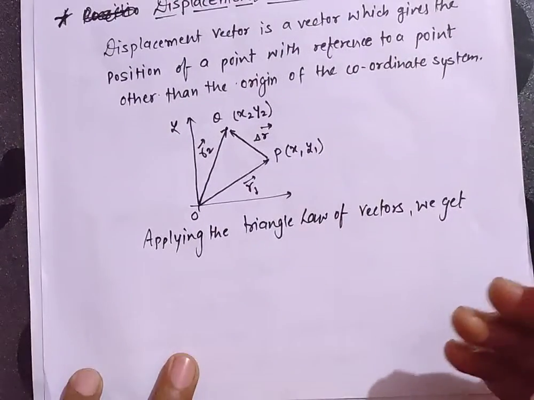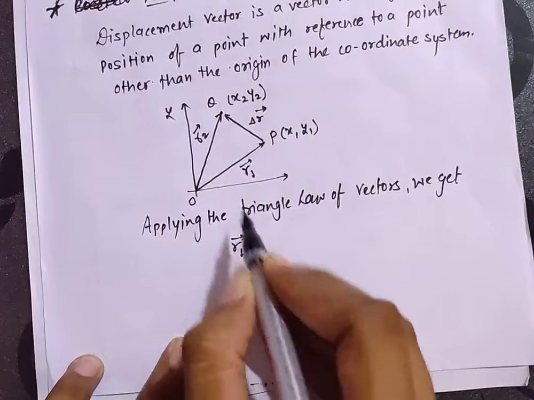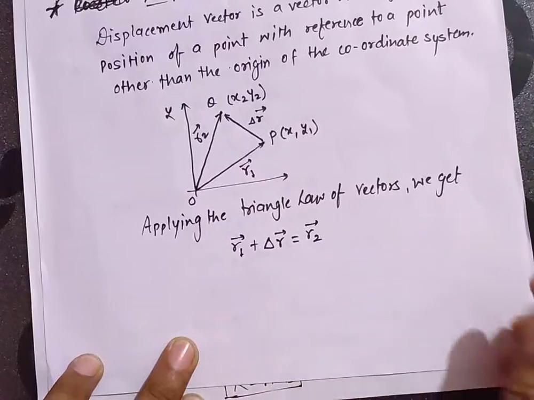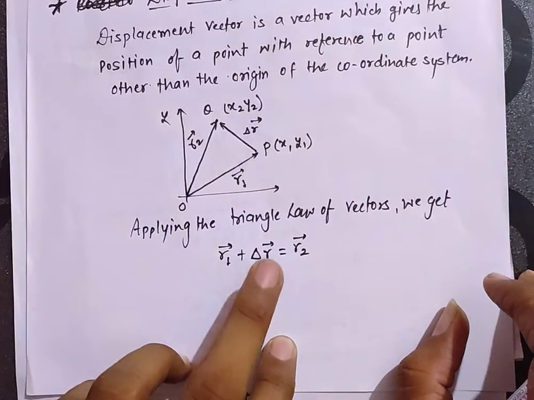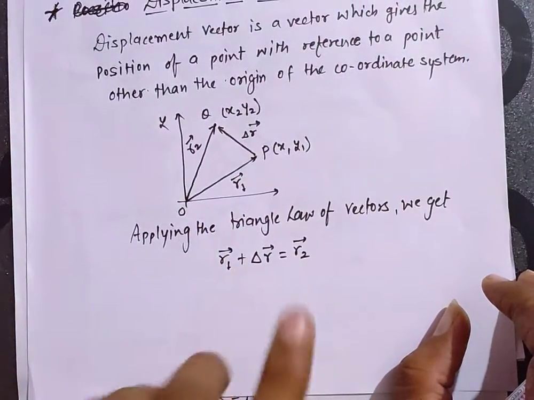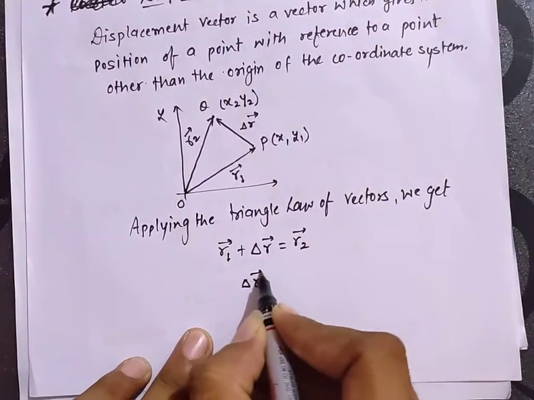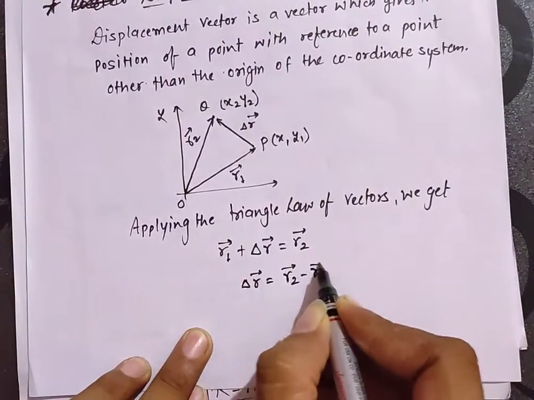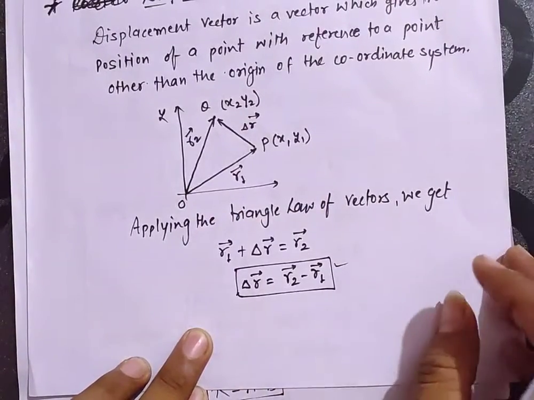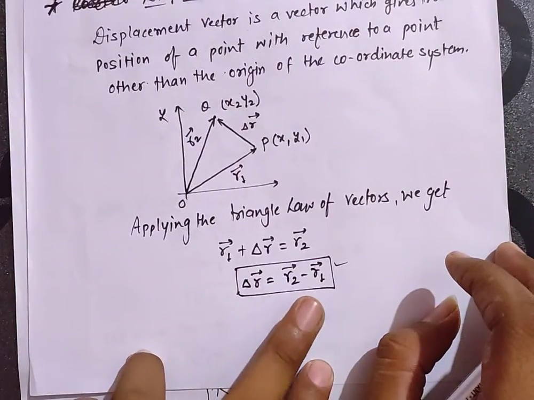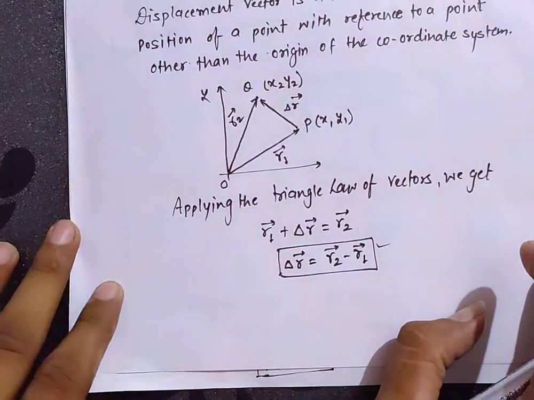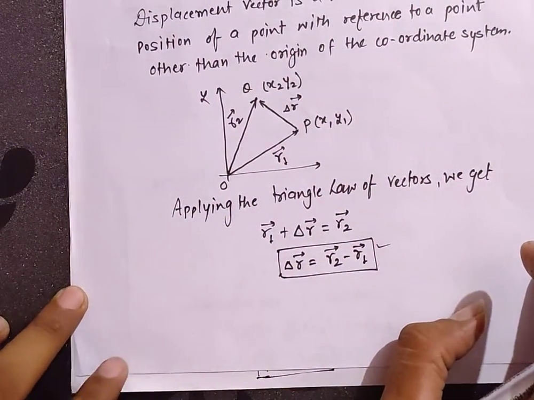So applying the triangle law of vectors we get r1 plus del r is equal to r2. This del r is represented as the displacement vector. So del r is equal to r2 vector minus r1 vector. So displacement vector is the difference of two position vectors.